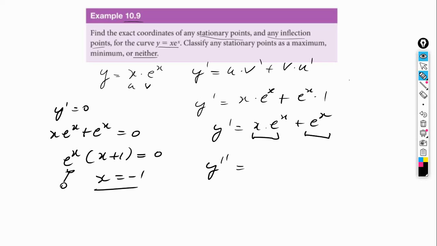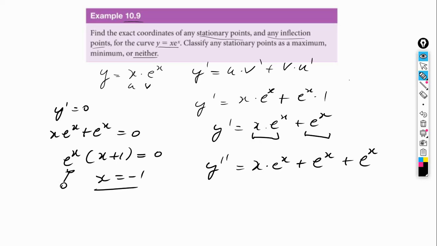Here we have to apply the product rule. And notice that this is the same function that we had at the beginning, so we're just going to rewrite the first derivative. So it's just going to be x times e to the x plus e to the x. And then the derivative of e to the x is just e to the x, so plus e to the x.